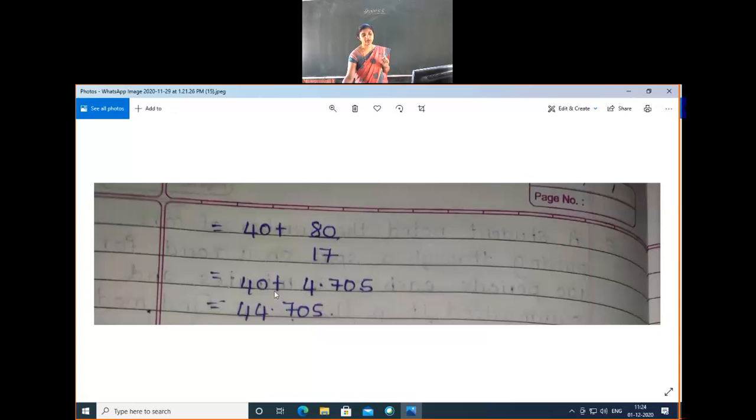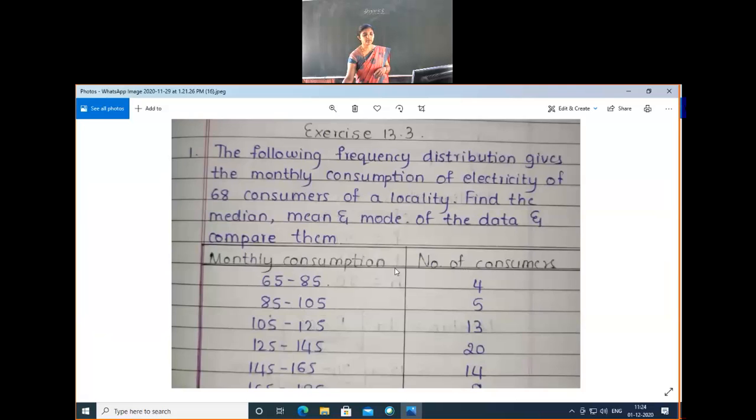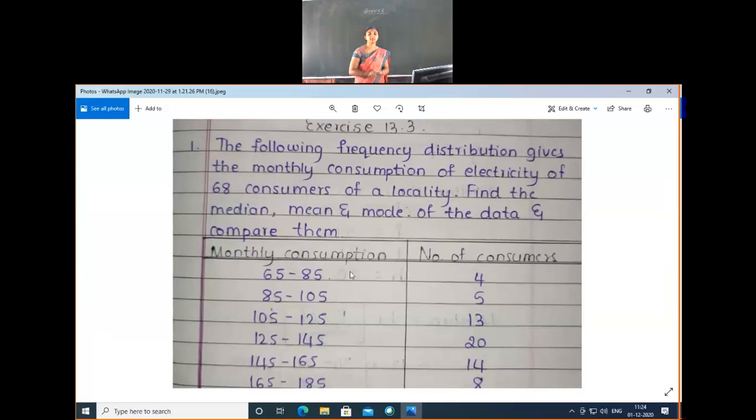Then 2 into 20 is 40, minus 12 minus 11, which is minus 23, into H. 40 plus 8 by 17 into 20. After this you will get 40 plus 80 by 17, then 40 plus 4.705, then 44.705. Is that clear? This is about the sixth problem of the mode exercise.